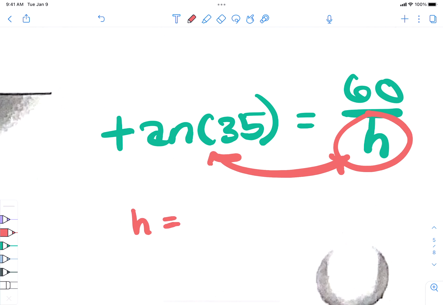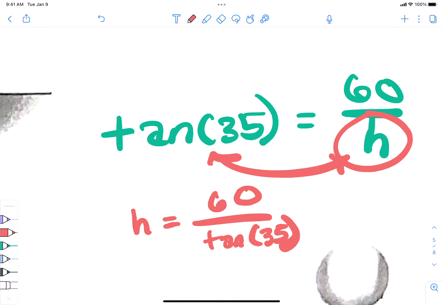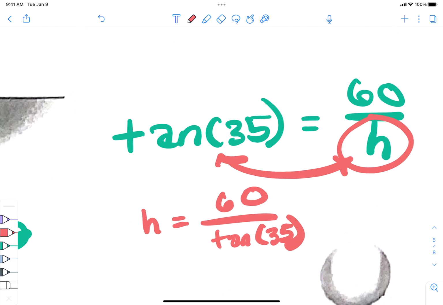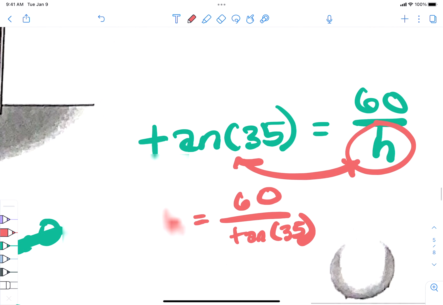So h will be equal to 60 over tangent 35. That's how that works. The h is on the left and the tangent 35 is on the bottom. They didn't give us a problem like that, but you might have one on your homework. If that's the case, you just swap those two and then you divide by the trig function. Okay? All right, good?